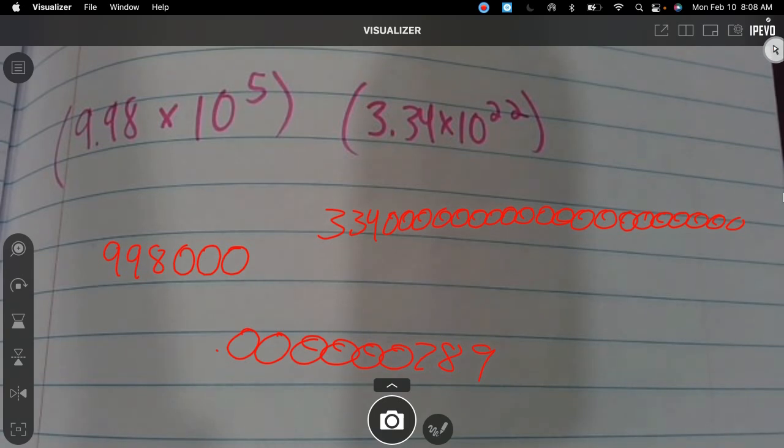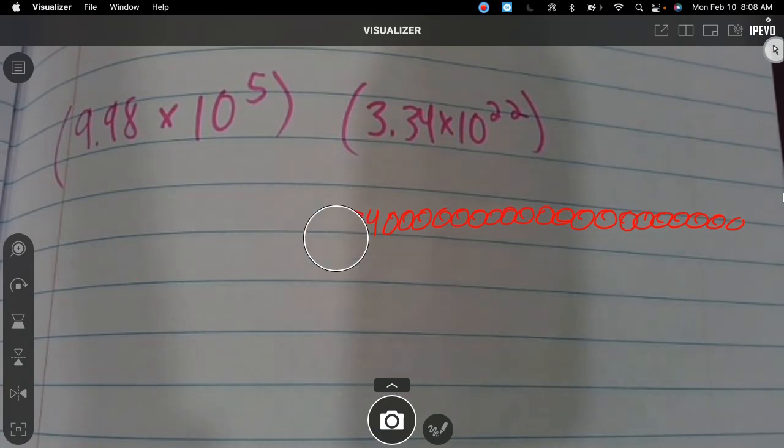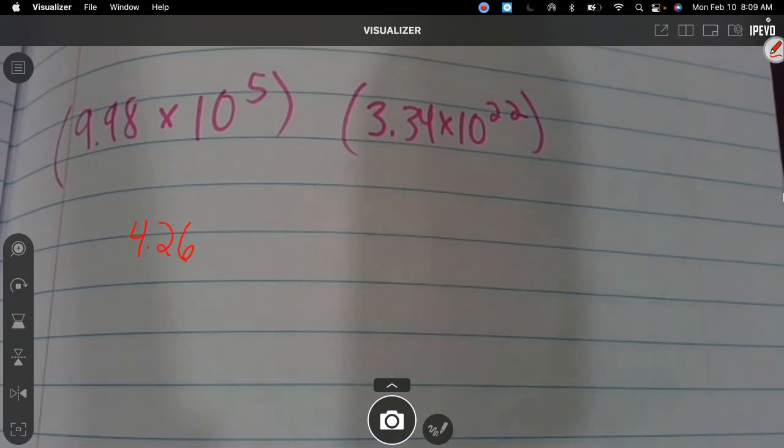Now, if you type numbers in on your calculator, say that I'm trying to multiply this on my calculator, it may, I'm just making this up, do something like this: 4.26, and then it'll say E to the, I don't know, 38. I'm just making this up completely.